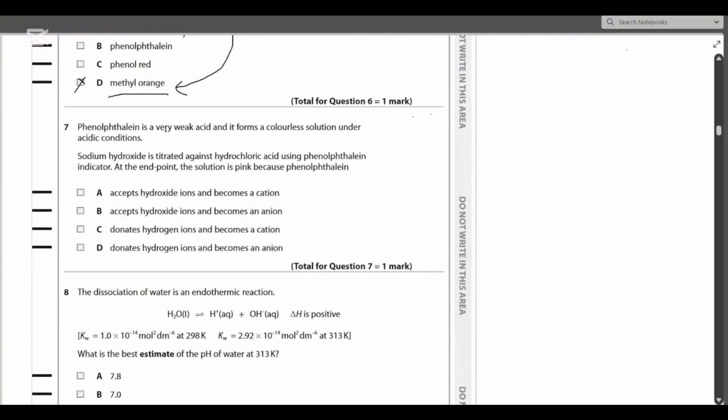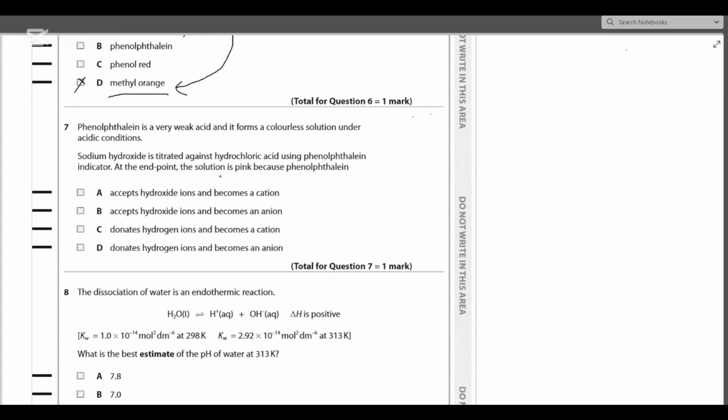Next one: phenolphthalein is a very weak acid and it forms a colorless solution under acidic conditions. Sodium hydroxide is titrated against hydrochloric acid using phenolphthalein indicator. At the end point the solution is pink. Now that's because phenolphthalein becomes pink as the solution becomes basic, right?